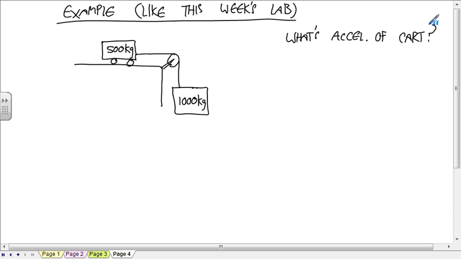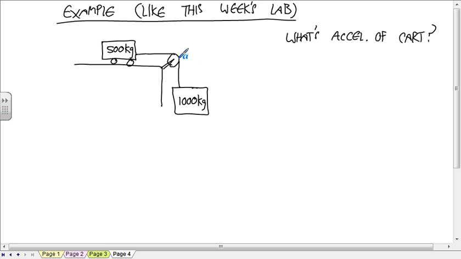So I think when you first look at this, for a lot of people, the first reaction is, okay, well, this is pretty similar to the other one, except that now the cable tension, instead of being 250 newtons, is going to be 1,000 times 9.81, and that force is going to be accelerating this to the right.